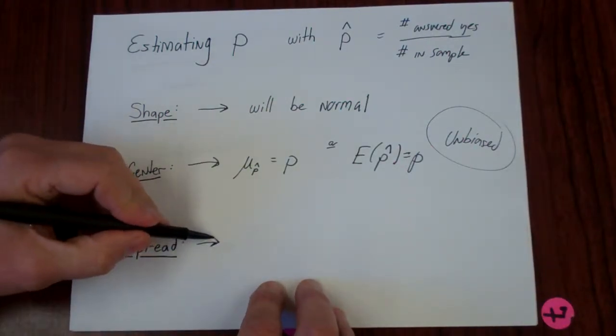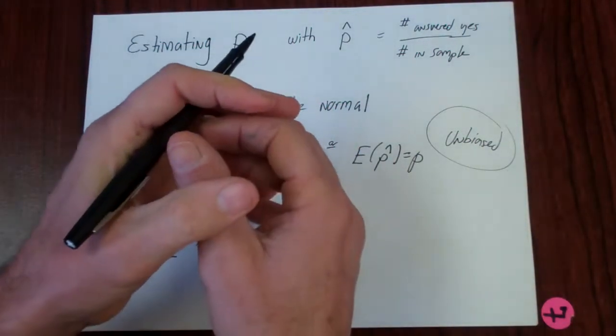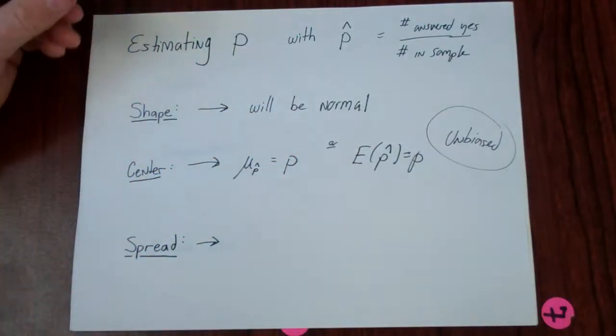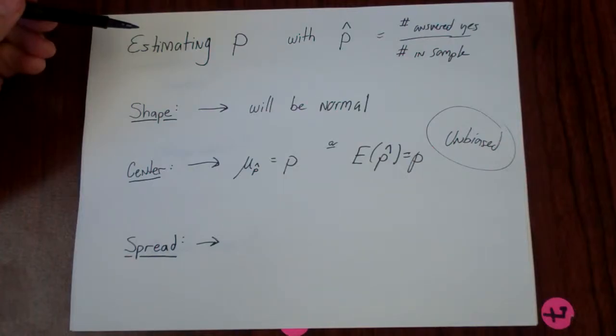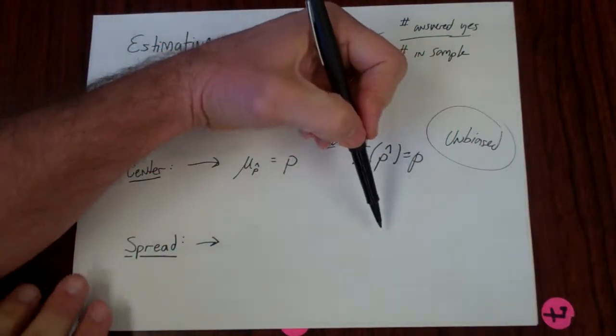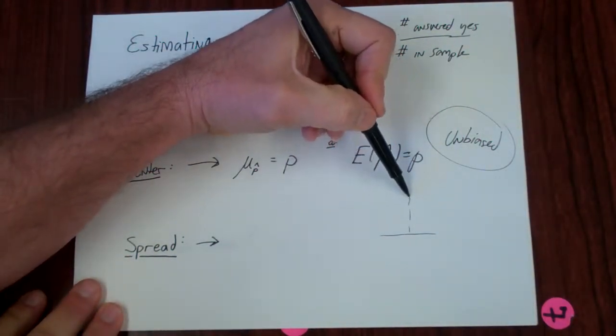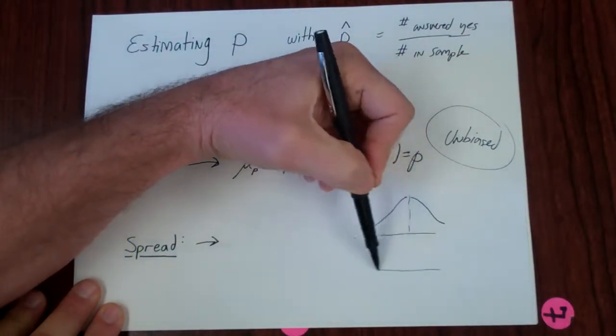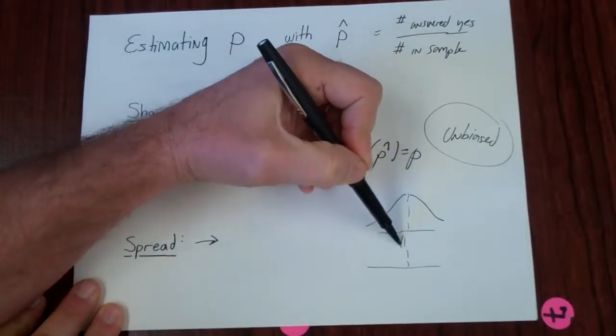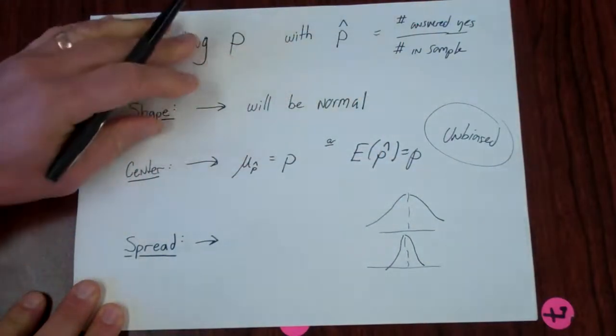And the spread, now think about the spread. The spread talks about how different the results could be from sample to sample in any given sample, right? If you think about two distributions, here's a distribution with a wide spread, and here's a distribution with a narrow spread.